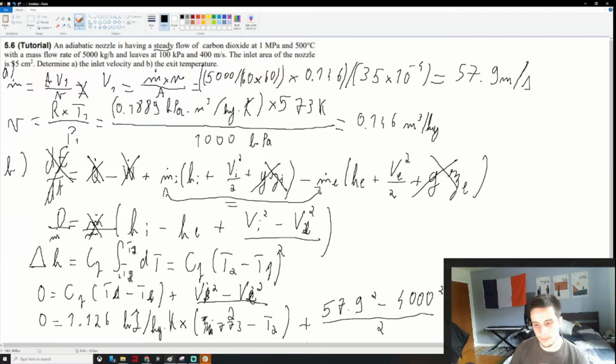Since here we're going to get something in kilojoules, we either need to convert this Cp times delta T to joules, or convert this velocity potential change into kilojoules, and that's what we're going to do. We're going to convert this result in joules into kilojoules by dividing it by 1000, or just multiplying it by 10 to the power of minus 3. Just like you would convert from millimeters to meters, we're converting joules to kilojoules.